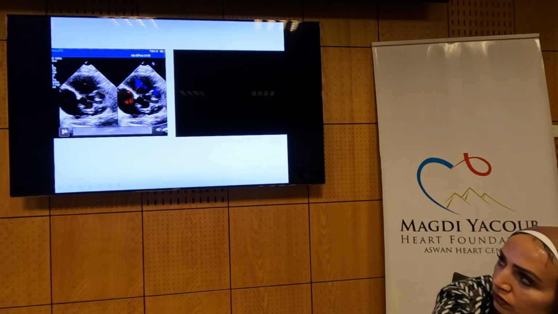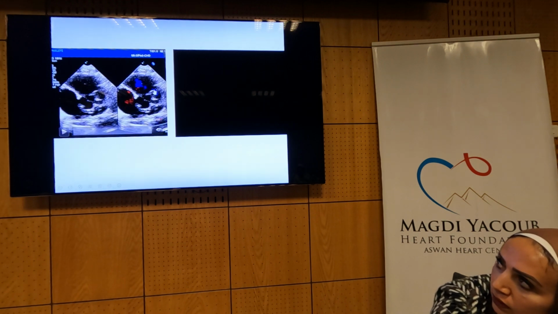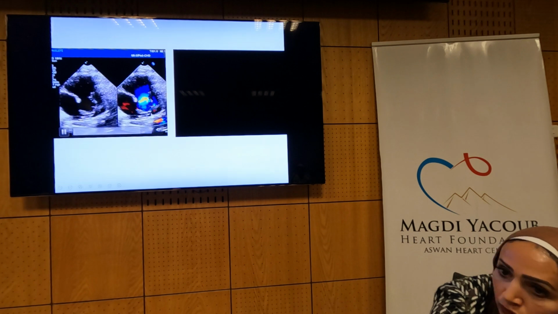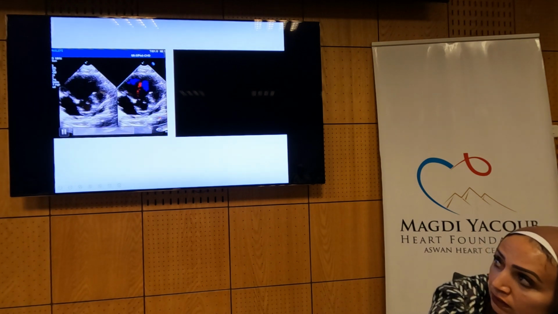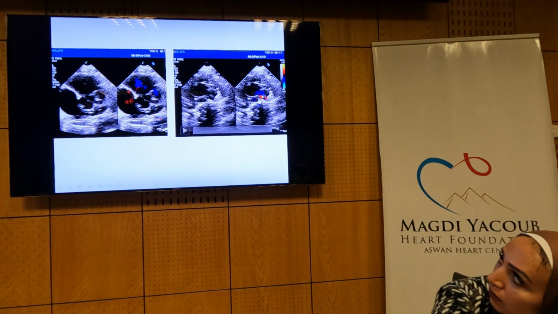So actually in this patient, we did this short axis. This is the aorta. This is the pulmonary. The blood is going in blue color because it's going away from the probe, and we find here the RPA, but we couldn't find the LPA. Here again we find the RPA, but we couldn't find the LPA.